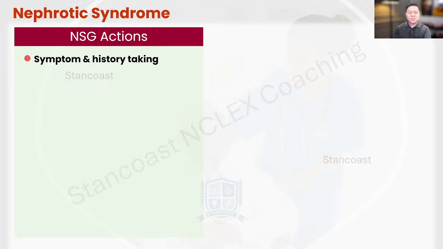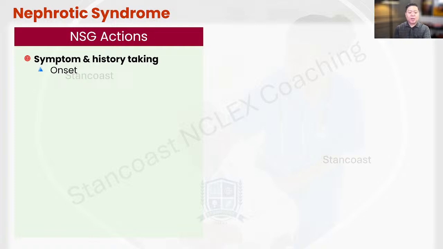And so what we're going to do here is to document the different symptoms, maybe the onset of the symptoms, if there's any urinary changes, the onset of the swelling. And so these are the key findings that we need to find out.